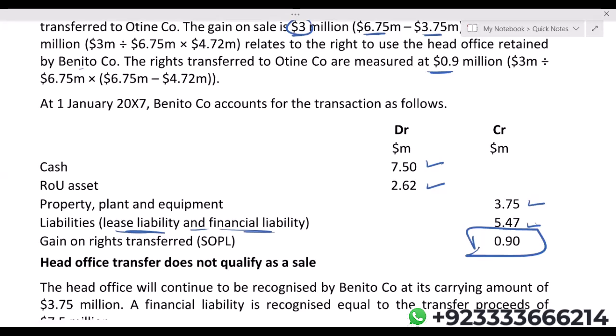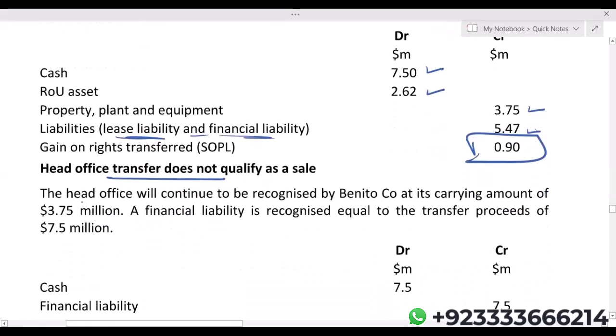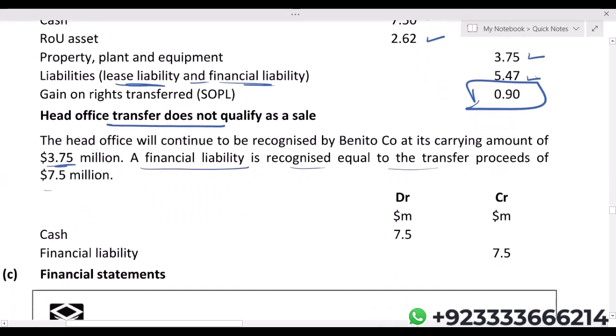That is gain on transfer. Head office transfer does not qualify as a sale. When head office transfer is not qualifying as a sale, the head office will continue to be recognized by Benito company at its carrying amount of 3.75. A financial liability is recognized equal to the transfer proceed. I strongly believe the entire accounting treatment is clear to everyone. Yes or no, please reply.